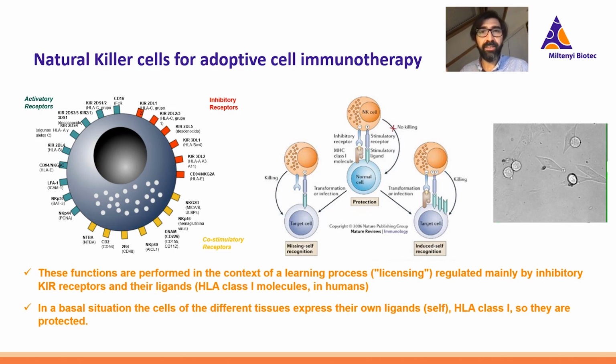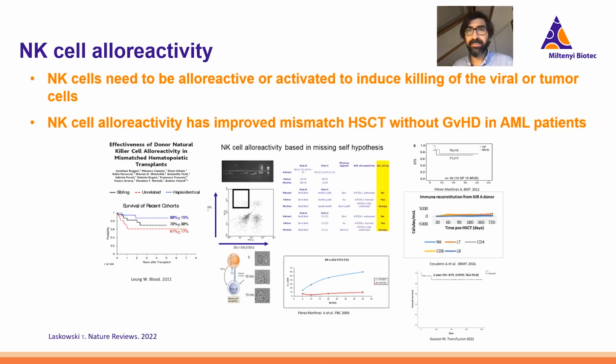They cannot recognize their own self ligand. However, they have the chance to eliminate and to recognize missing self ligands, for example, as you can see in these slides. With these properties, NK cells have to be alloreactive, have to be stimulated to become active and to perform the cytotoxic function.